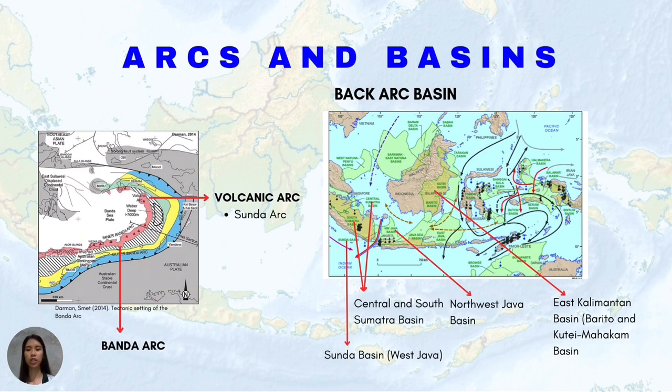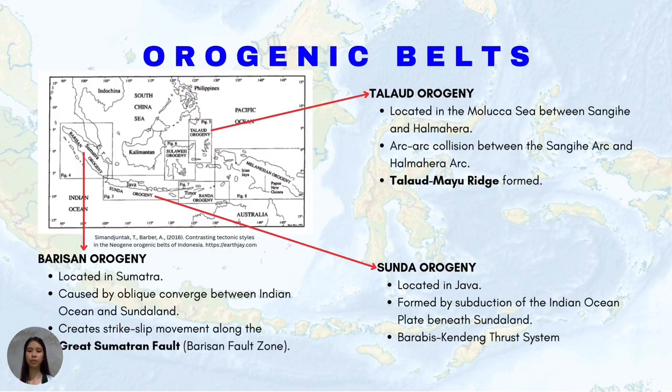It includes Central and South Sumatra basins, Sunda Basin or the West Java, Northwest Java Basin, and East Kalimantan Basin. It is characterized by thick sedimentary sequences up to 6,000 meters and high potential for oil and gas. The associated orogenic belts here are Sunda, Sulawesi, Banda, and Melanesian orogeny because of tectonic processes.